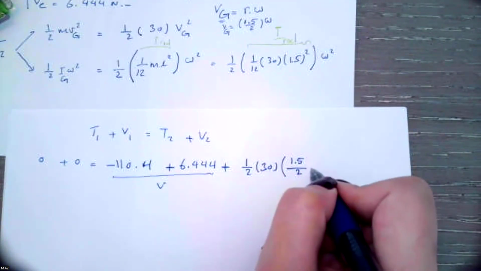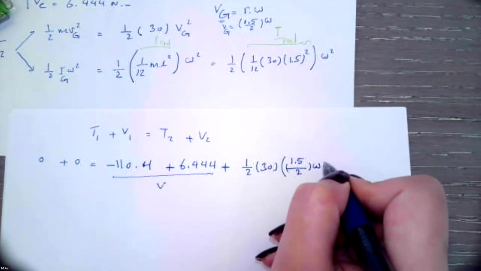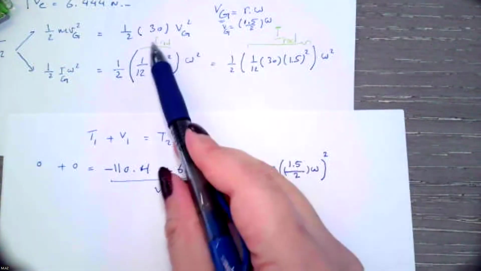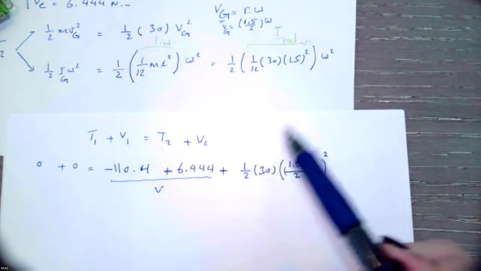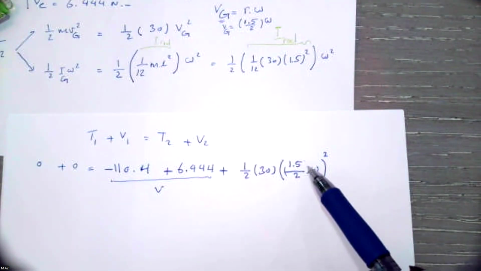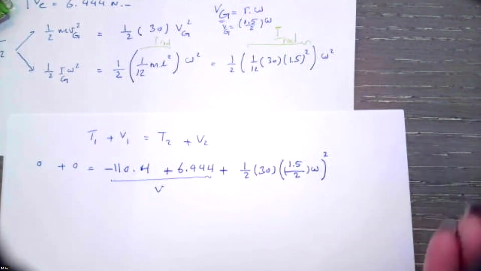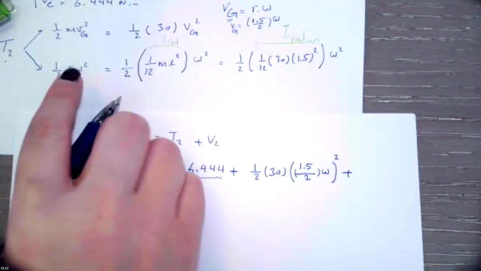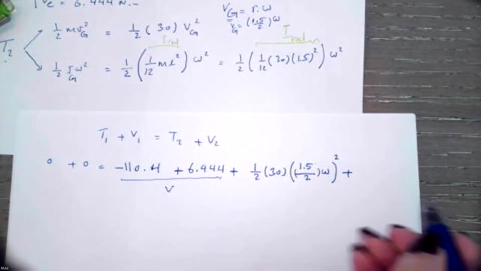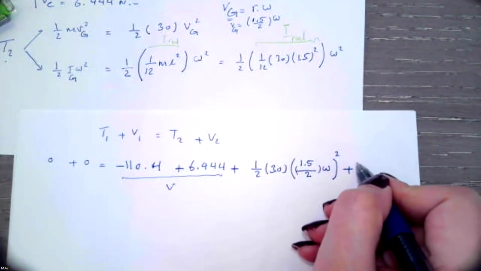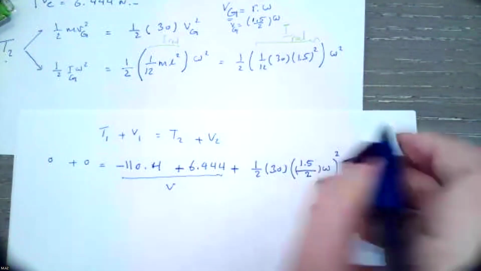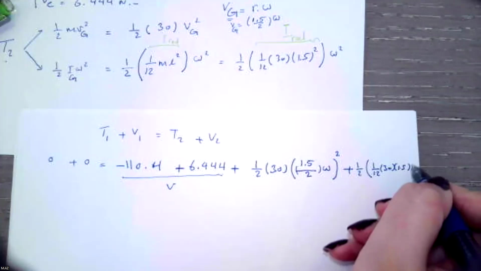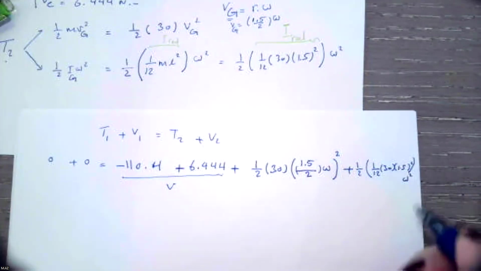This is the R times omega squared, half of the mv squared. Now we write it based on omega, plus this component of kinetic energy, plus half of the I omega squared.